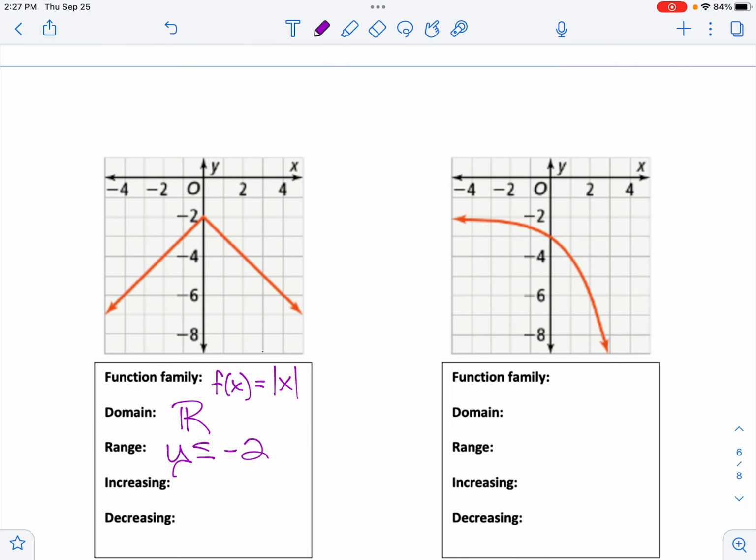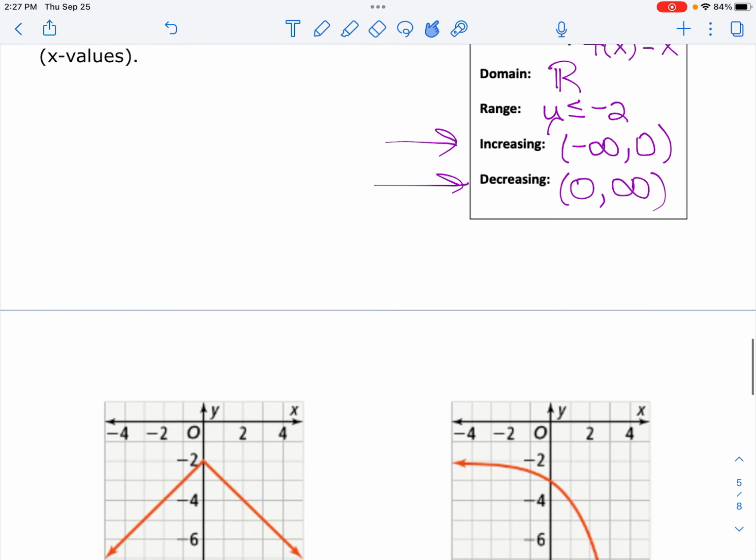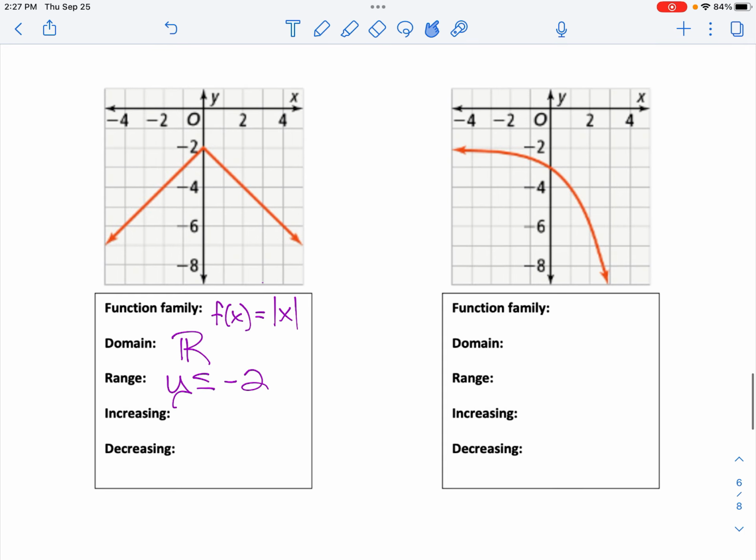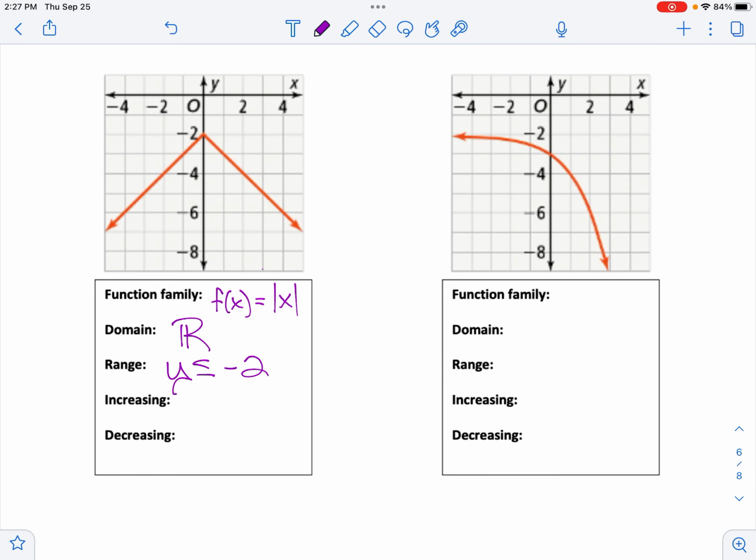Increasing intervals. This is really similar to what we just did with the last one. Because we're from this side, we're going this way. It's from negative infinity all the way up until here, where my x value is 0.